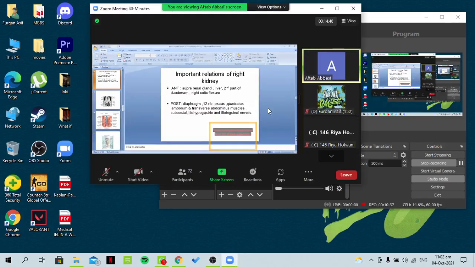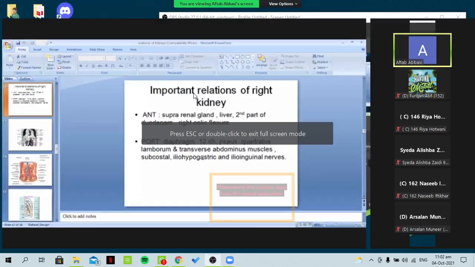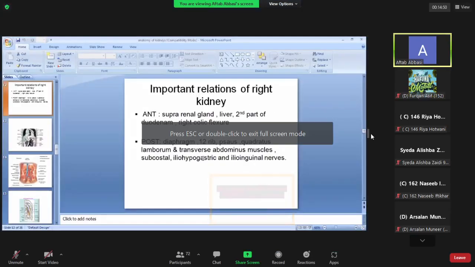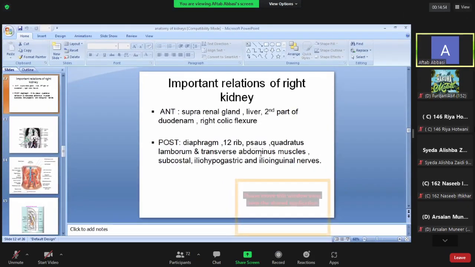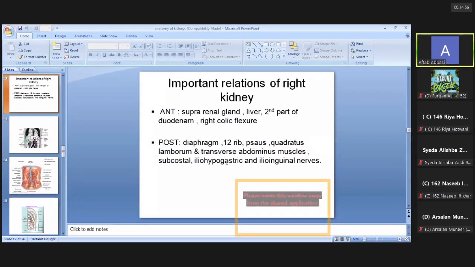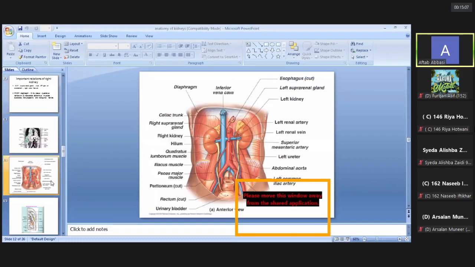Posteriorly, the right kidney is related to the diaphragm, the 12th rib, three muscles of the posterior abdominal wall, the psoas muscle, quadratus lumborum, and transverse abdominis muscle, and three nerves, the subcostal, iliohypogastric, and ilioinguinal nerves. Now see in the figure the posterior relations of the right kidney. The right kidney is related posteriorly to the diaphragm.